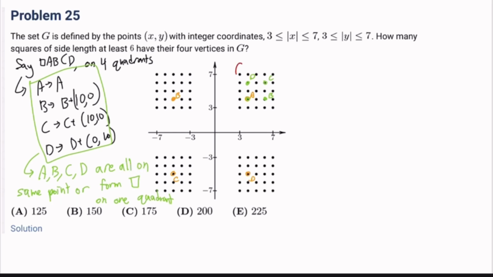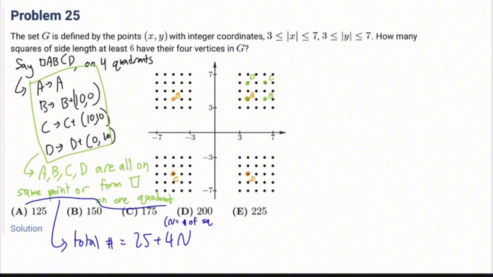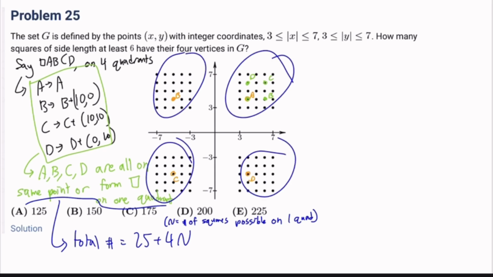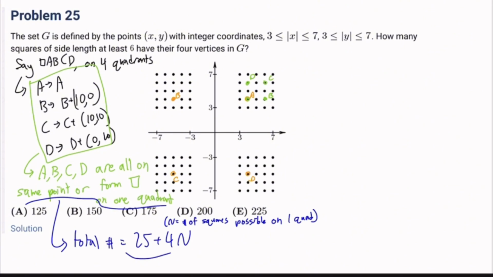So since we have 25 points, the total number would be equal to 25 for the ones that are on the same point, plus 4n, where n is the number of squares possible on one quadrant. The reason for the 4 is that this quadrant can be either this one or this one or this one or that one, right? So there are 4 possible things, that's why it's 25 plus 4n.